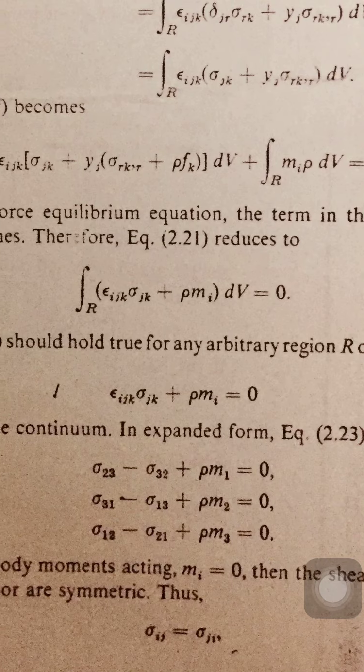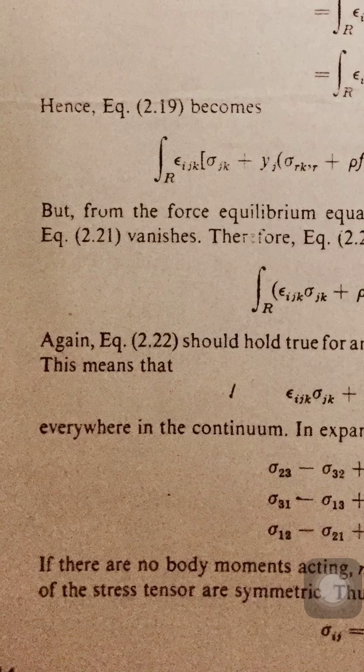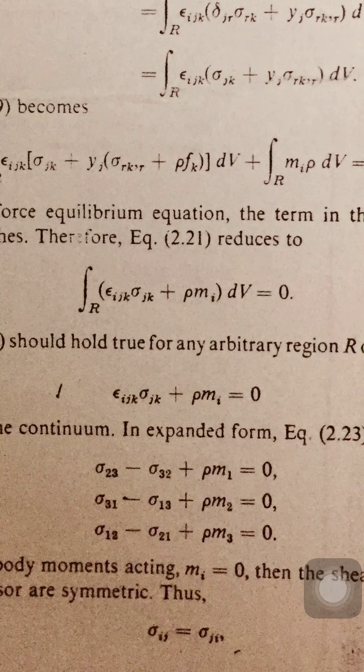But the important thing, if there are no body moments acting, means if mi becomes 0, so the third part of the sum of moments becomes 0. In such case we get sigma ij equal to sigma ji, that is what it is showing, the symmetric part.